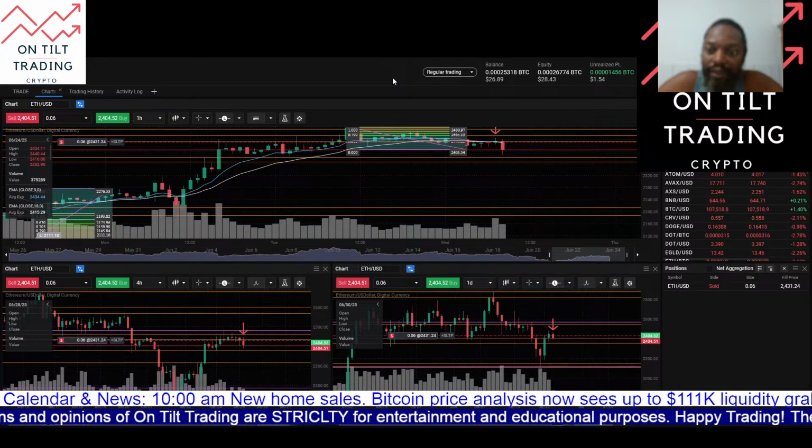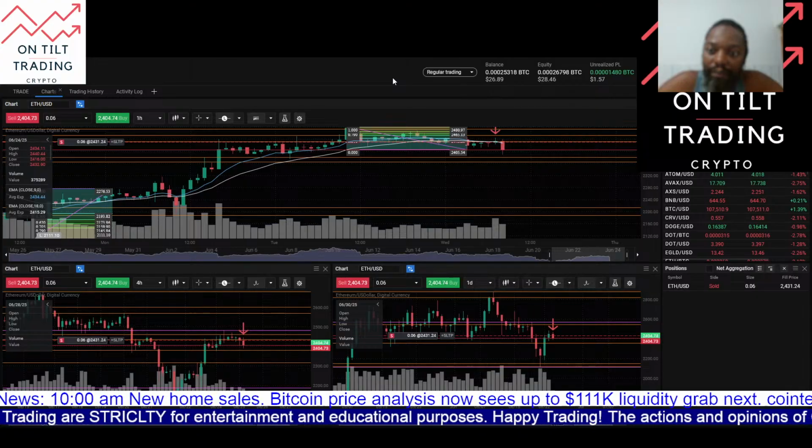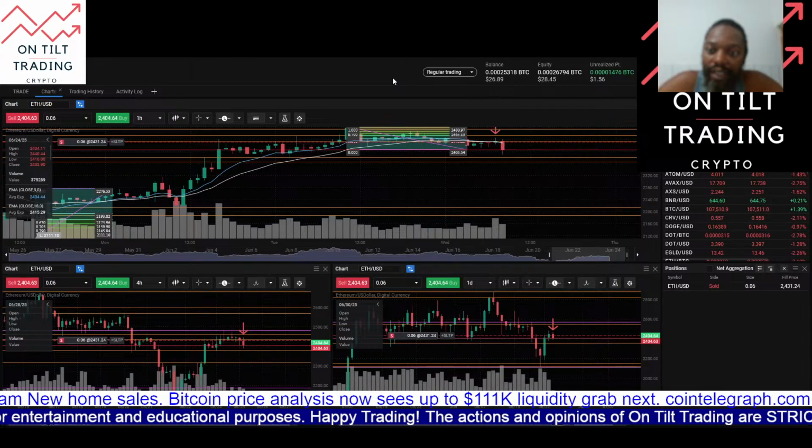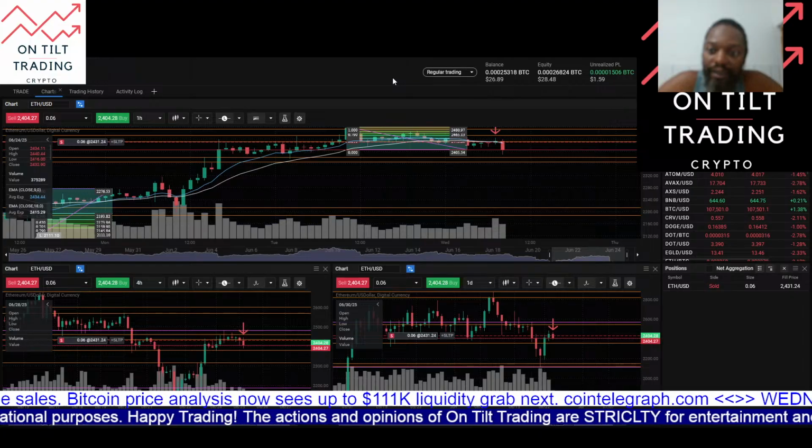Things have slowed down a bit, and now price is consolidating and being delivered to the sell side.